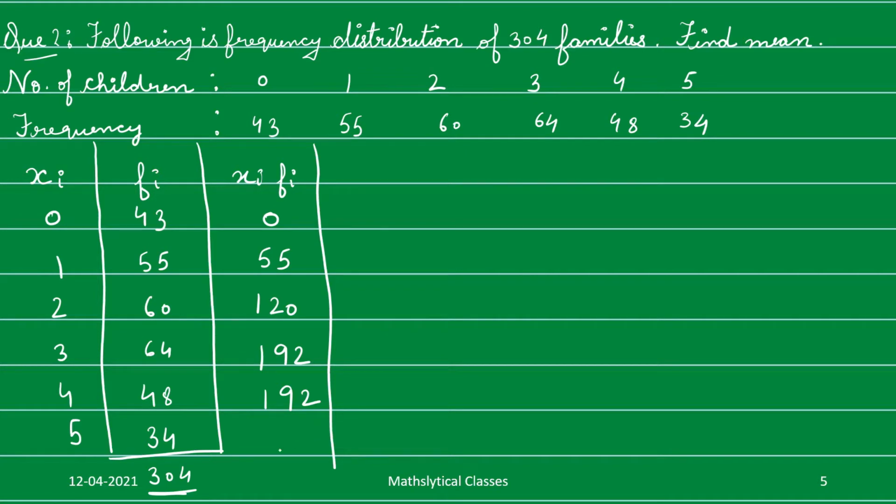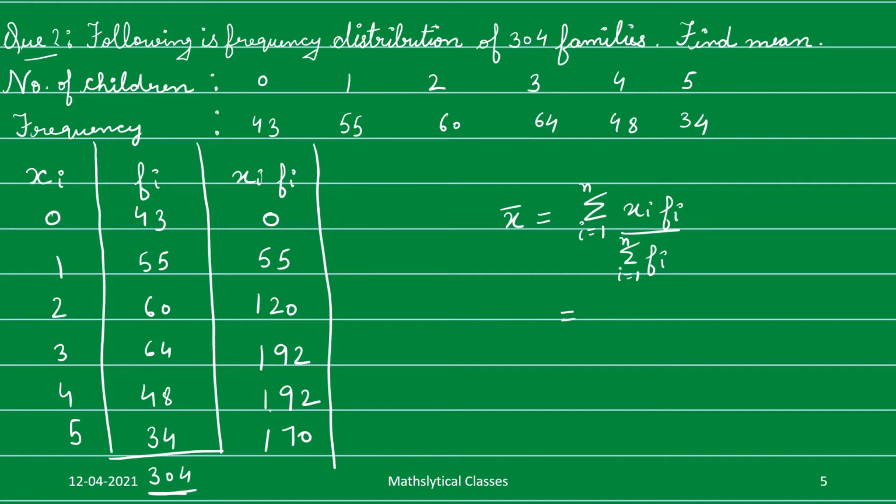So it is 170. Now the formula to calculate the mean is x bar equals summation, i varying from 1 to n, xi fi divided by summation fi. So we have to calculate the sum of xi fi.